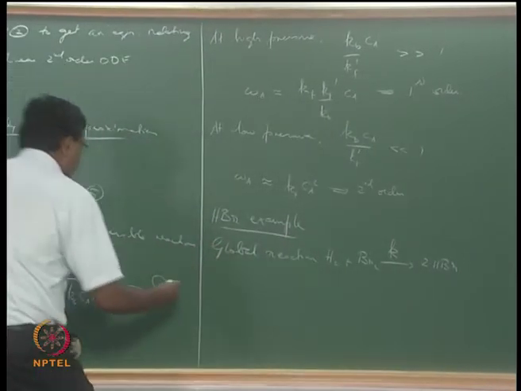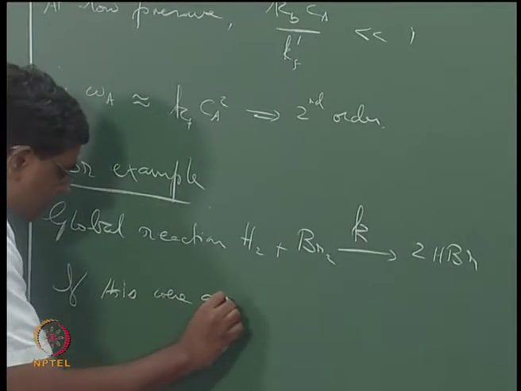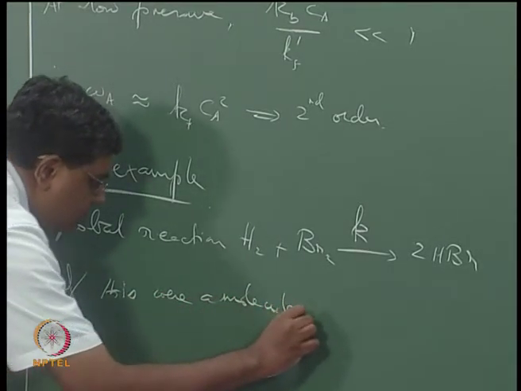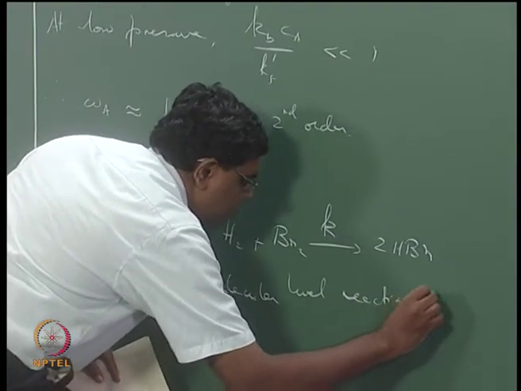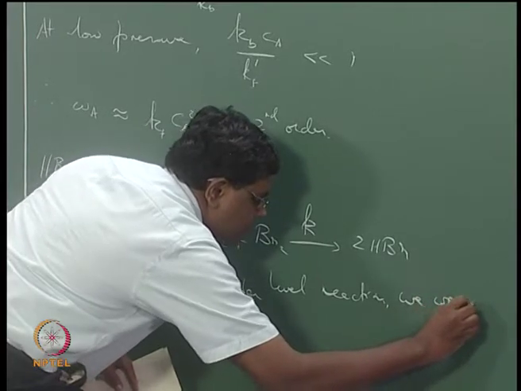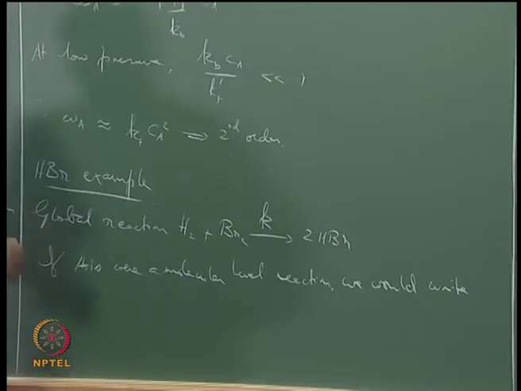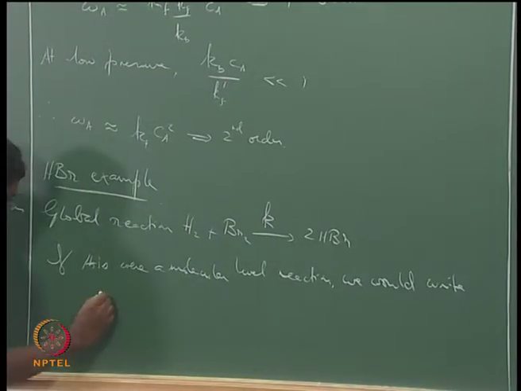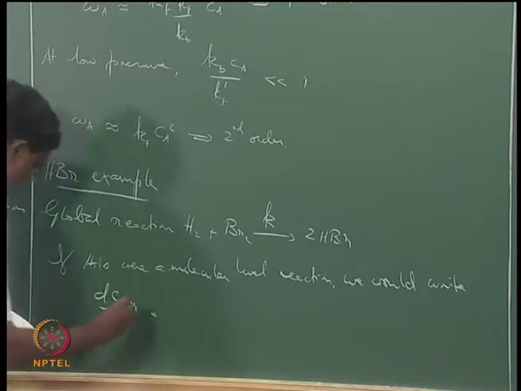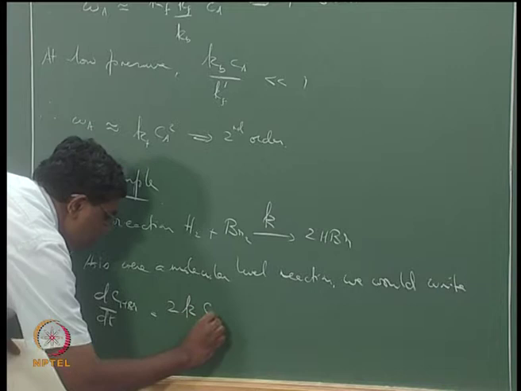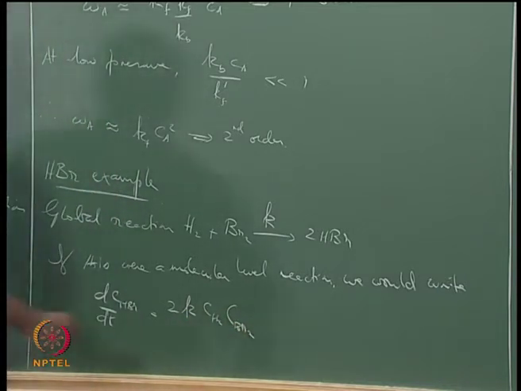So we would write dCHBr divided by dt equal to twice K CH2 CBr2, but this is wrong.